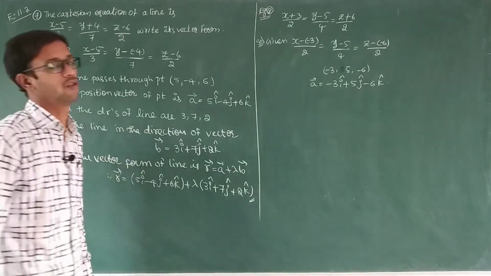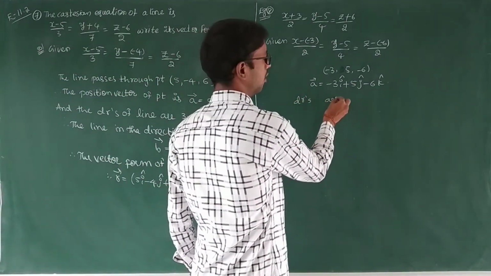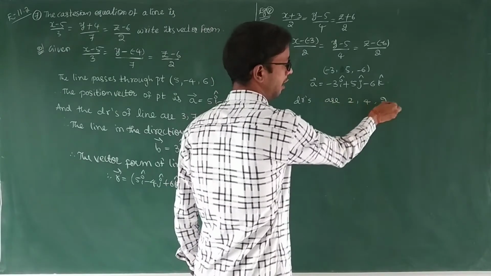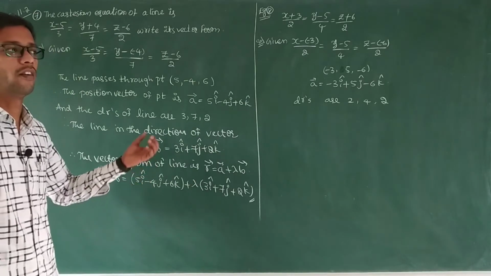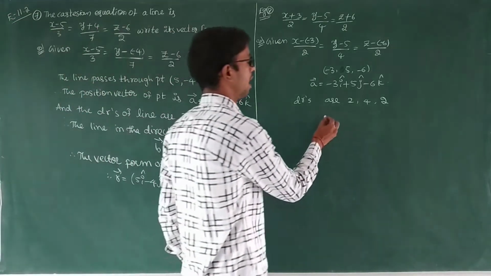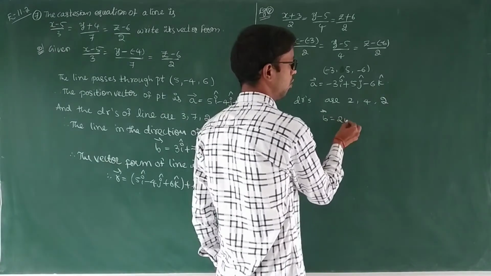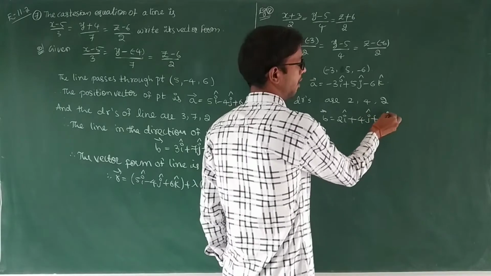And the direction ratios of the line, DRs, are 2, 4 and 2. So if you know the direction ratios, you can find the line in the direction of the vector b bar. B bar = 2 i cap + 4 j cap + 2 k cap.